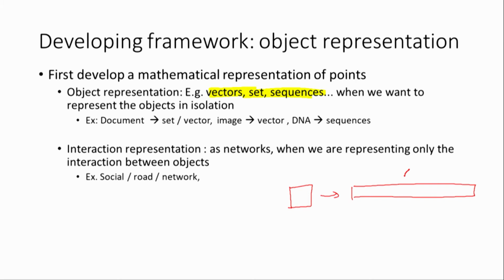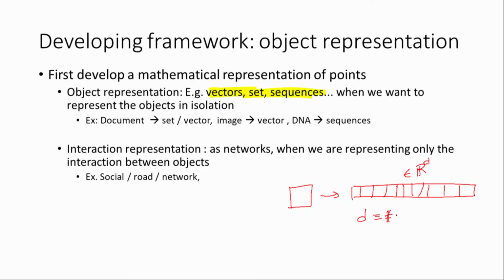So given a document, right? What is a vector representation of a document? Somehow, we are going from a document to a vector representation. What is this vector? What is this dimension? What are the elements in the vector? Unique words are given IDs.